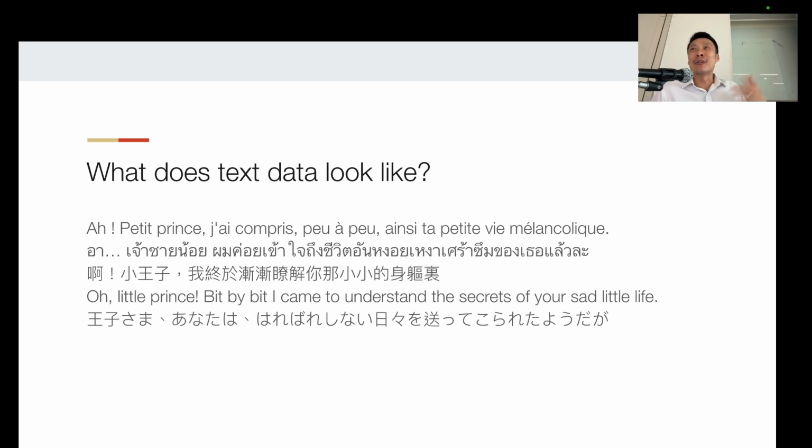Back in my day it was quite popular, but now people want to learn other languages. Second one is Thai, obviously. The third one is traditional Chinese, I believe. The fourth one is English, and the last one is Japanese.